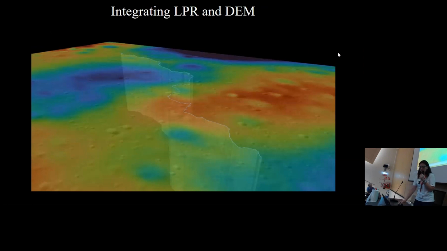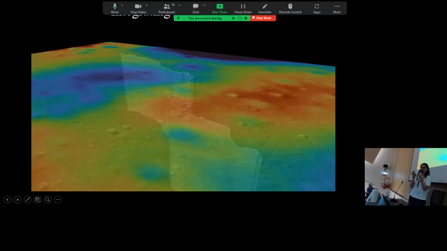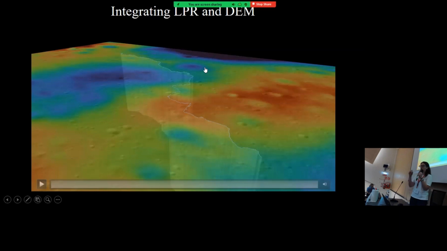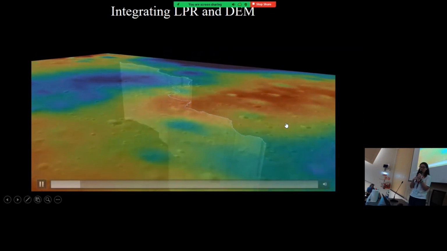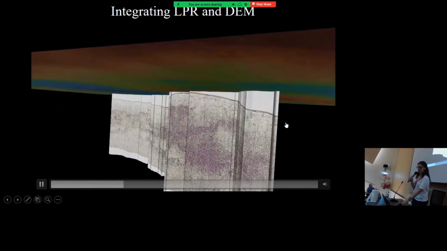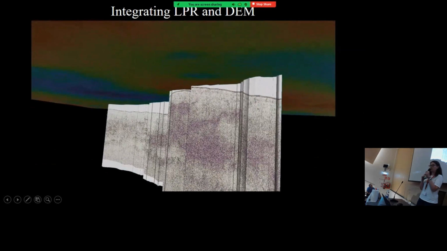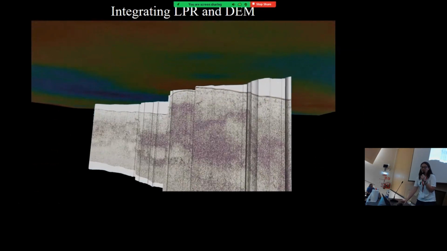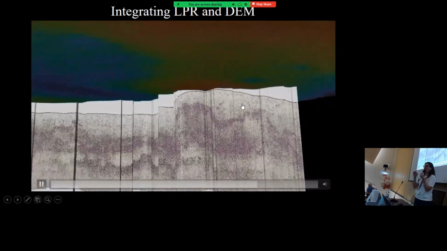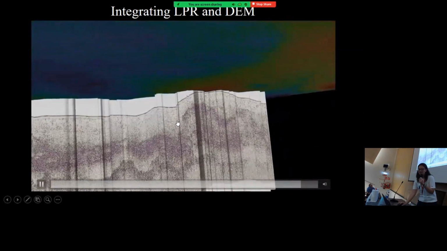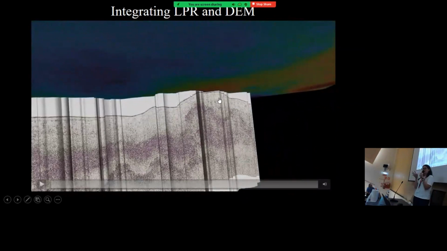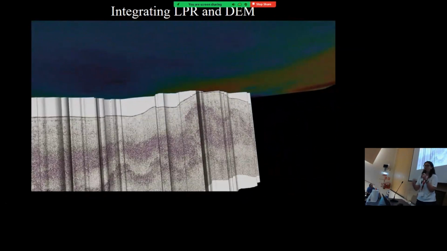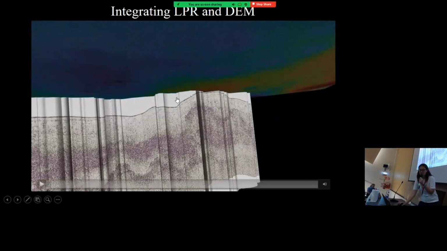In this image, we can see the digital elevation model in the same colors as before, so red is a higher zone and blue the lower one. Below, we have the reconstruction with the topography correction of the lunar penetrating radar data. We can clearly see that below high zones and low zones, there is an alternation of internal units in terms of presence or absence of this high scatter unit.